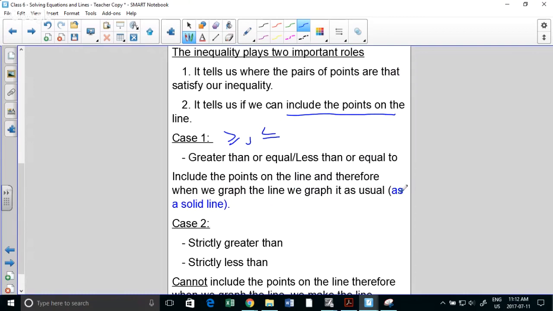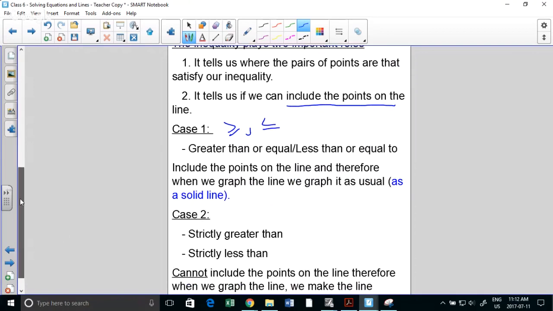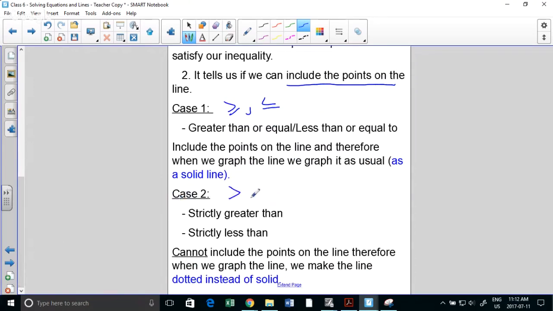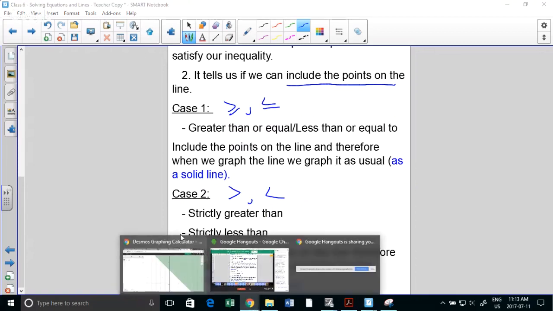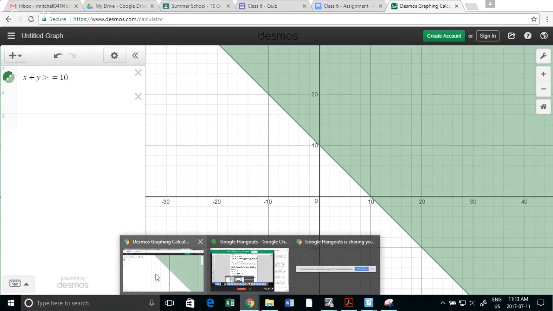And we graph the line as usual, as a solid line. If we have strictly greater than or strictly less than, we cannot include the points on the line. So the points on the line will not give us a true inequality. So what we do is graph this as a dotted line instead of a solid line.